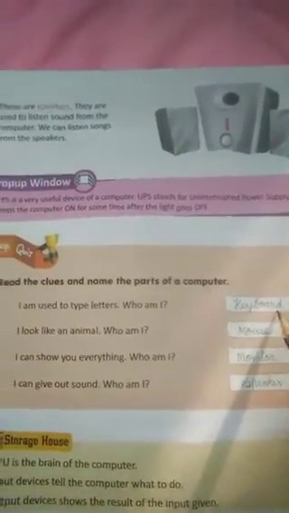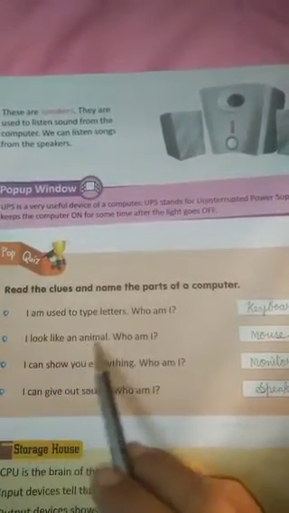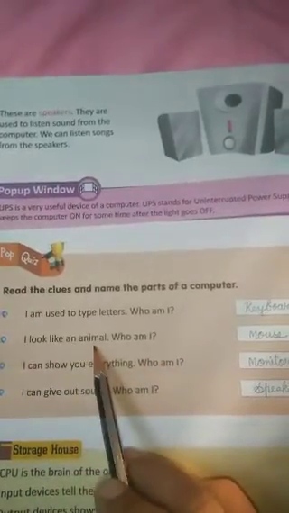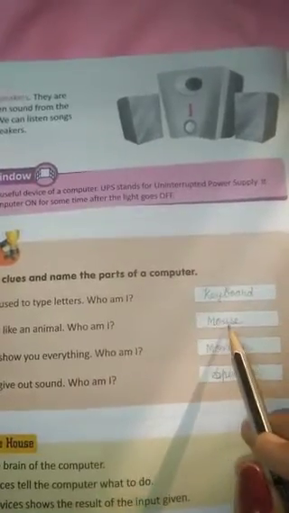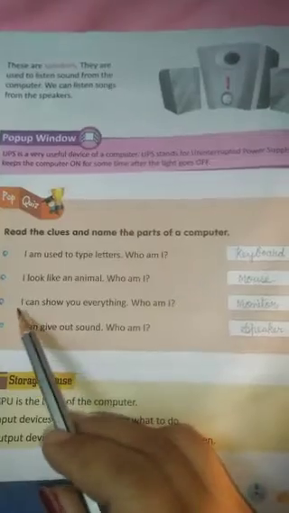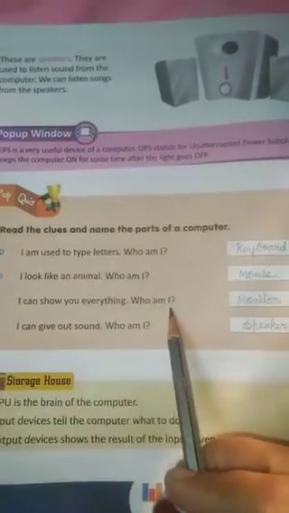Number 2: I look like an animal. Who am I? Mouse. Number 3: I can show you everything. Who am I?